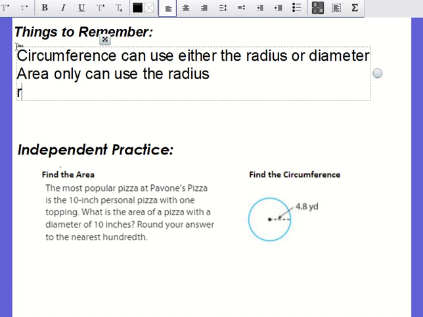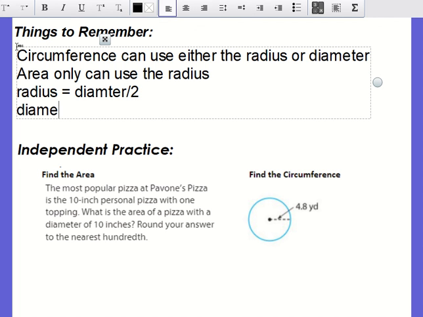And then remember, radius equals diameter divided by 2. And diameter equals 2 times the radius. I totally forgot an E up here. Okay.